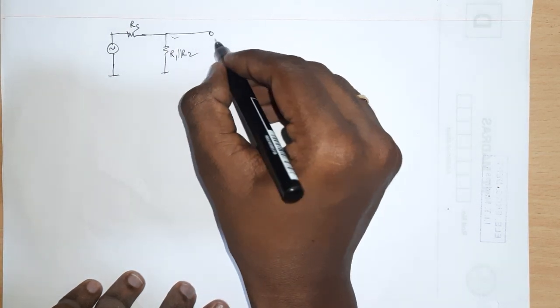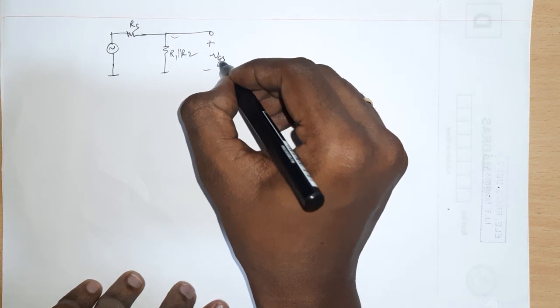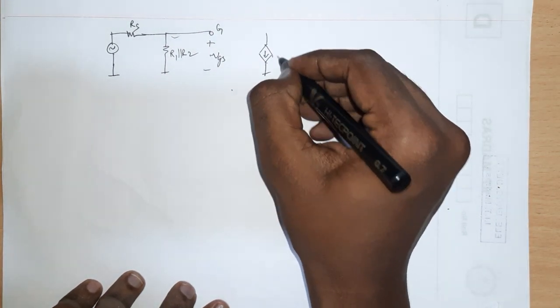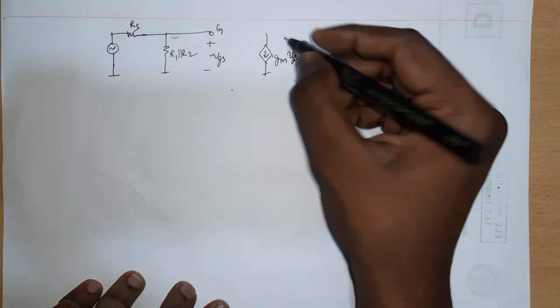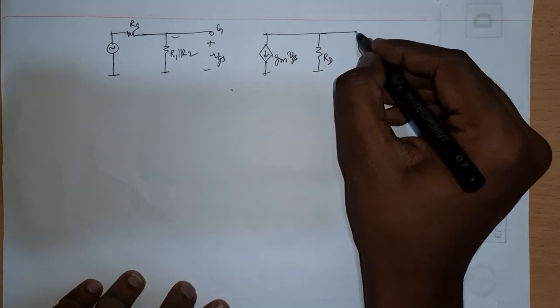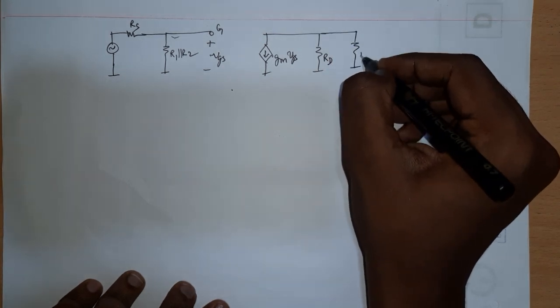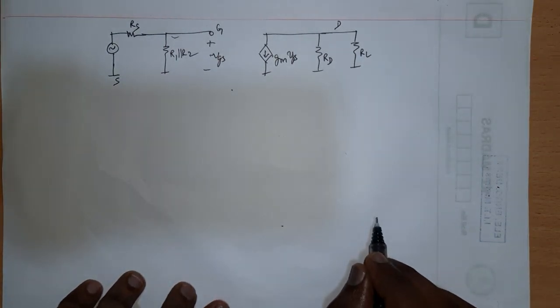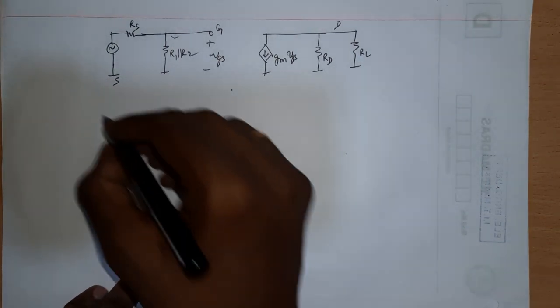Then you have VGS at the gate node, then gm VGS here, and you have RD and RL at the drain node, and the source is grounded. Now you have to figure out what the gain is.